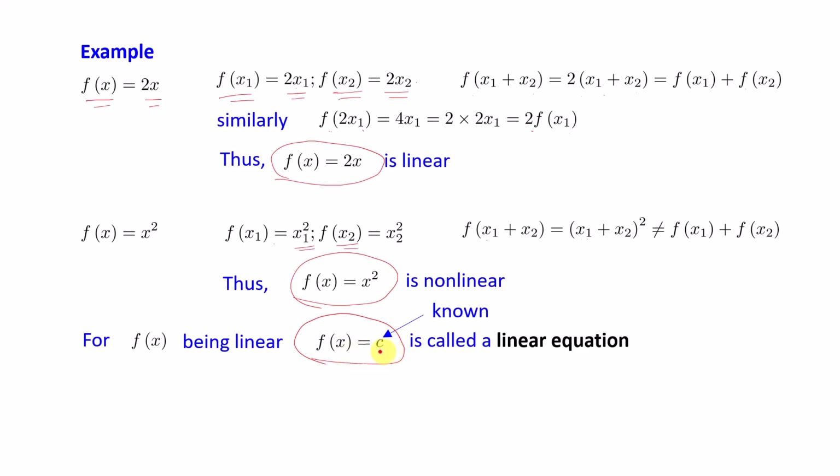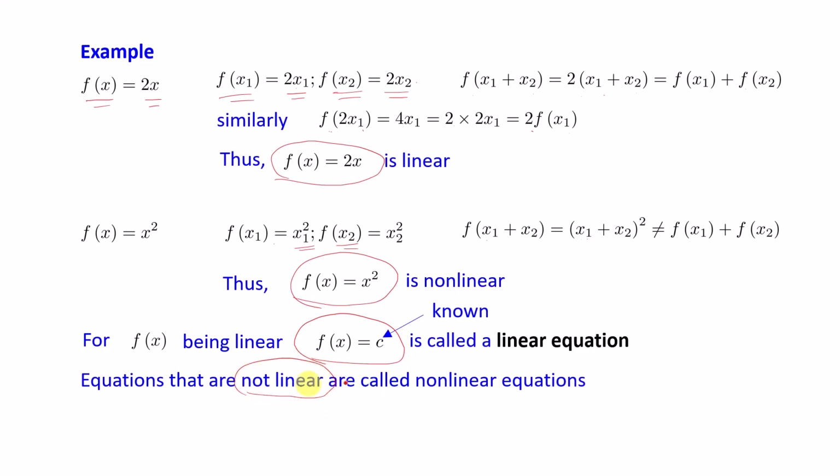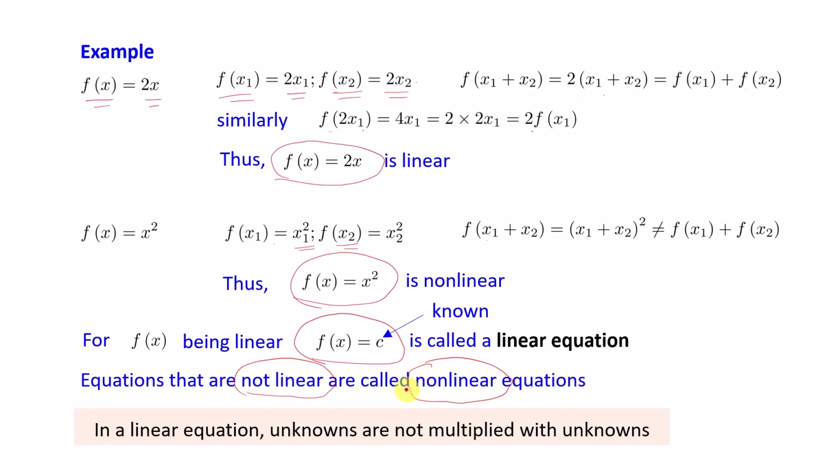This is a linear equation as long as f of x is linear. Equations that are not linear we call non-linear equations. In short, in a linear equation like 2x equals c, you can see that unknowns are not multiplied. But here, if I take x square equals c, an unknown is multiplied with another unknown. So this is a non-linear equation.